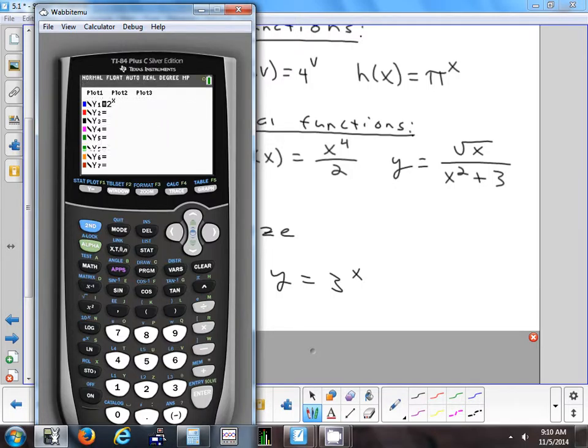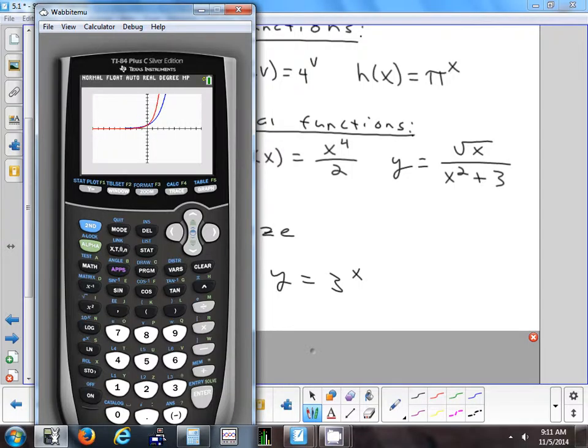Let's graph 3 to the x as well, starting with a standard window. So there's 2 to the x, and 3 to the x is going to come in right after it.